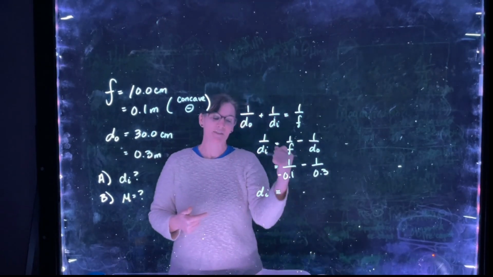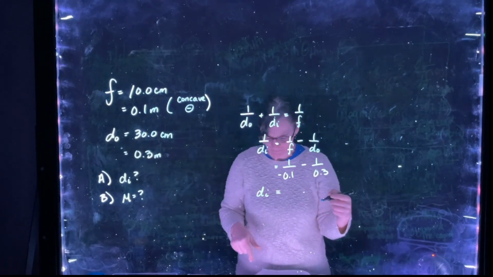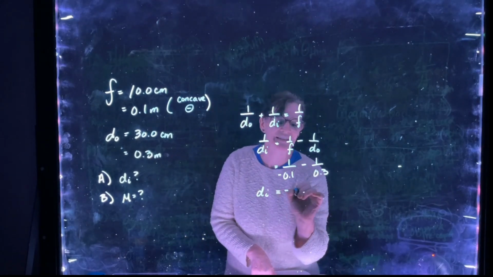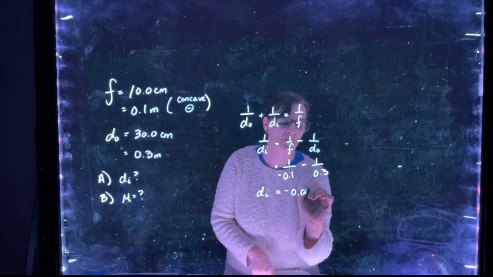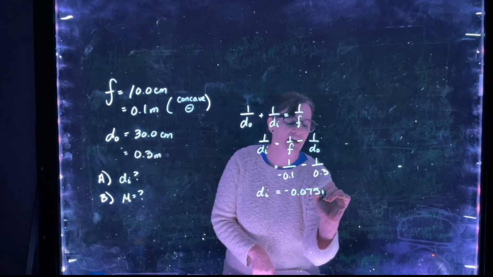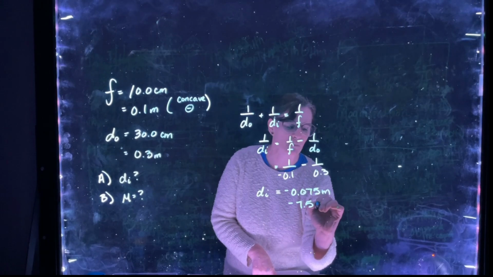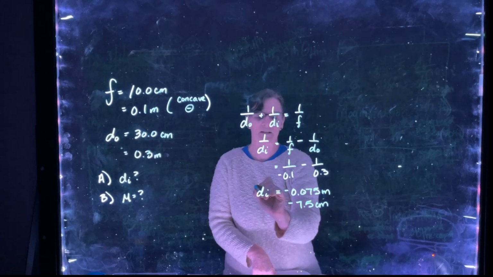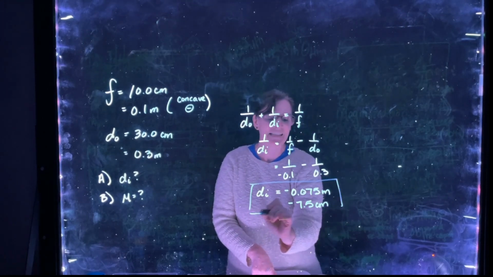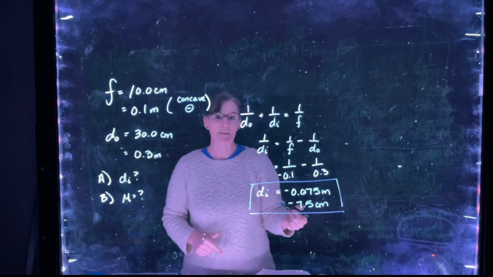If I add those two together and take the inverse, I get negative 0.075 meters or negative 7.5 centimeters. So our image distance is negative 7.5 centimeters.